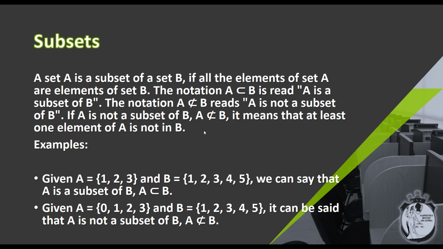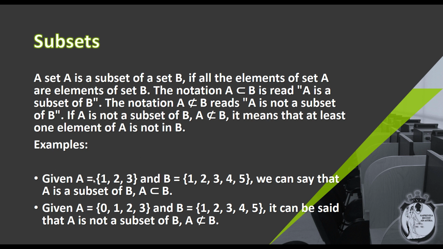How do you know if a set is a subset of another set? We will see samples here. For example, we have the set A equals 1, 2, 3, and the set B equals 1, 2, 3, 4, 5. We can say that A is a subset of B. Why?